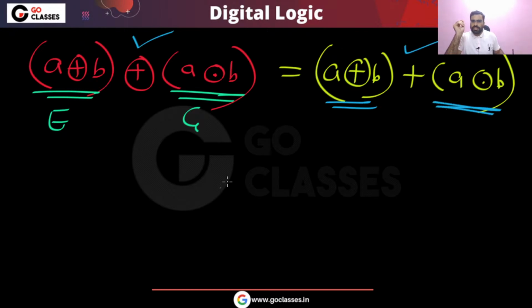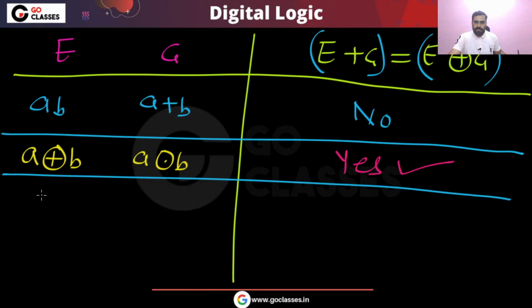So this exclusive OR and this OR will be same. Now tell me, what about f bar? Any function I take, f and f bar.